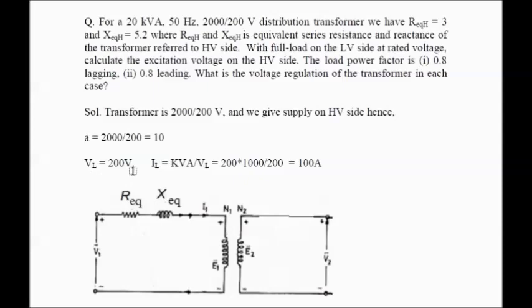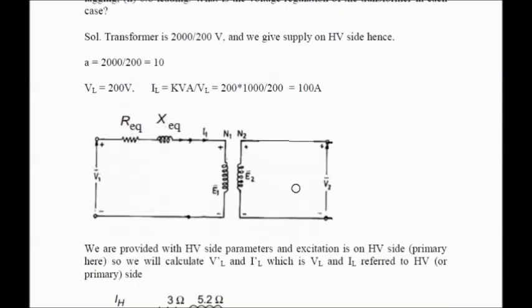Since the kVA rating of the transformer is 20 kVA, IL times VL will be 20k. So IL is kVA upon VL, and that will be 100 ampere.